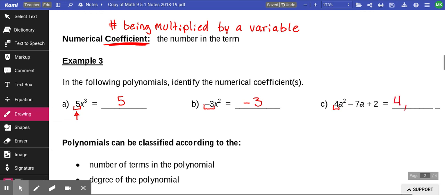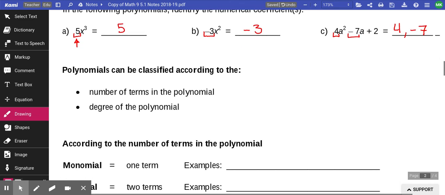And there's another coefficient on the a, which is -7. So we've got constants and coefficients. Constants are numbers that stand alone. There's no letter next to it. Coefficients are the numbers that are in front of the letters. Awesome.